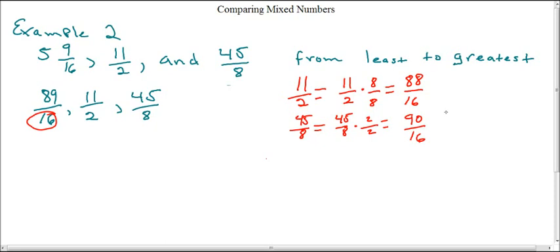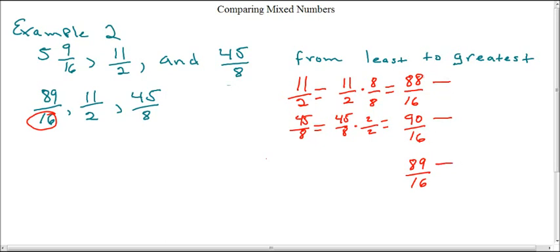So now we have 5 and 9/16, which is 89 over 16. So we'll just go ahead and put it here. And we're just going to simply compare our numerators, and they say from least to greatest. So we're comparing 89, we're comparing 88, 90, and 89.